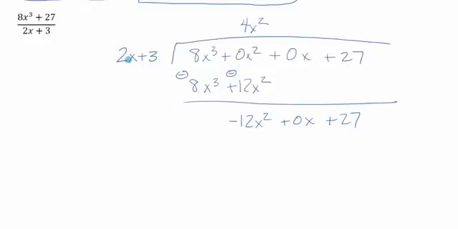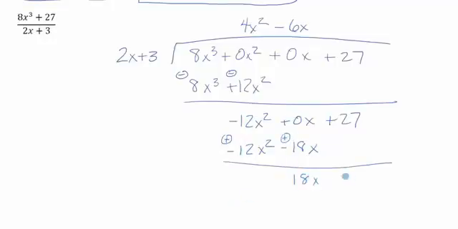First divided by first, we get a negative 6x, and multiply down. Negative 6x times 2x plus 3 is negative 12x squared minus 18x. Draw your line, change your signs, and combine down. So that's gone. You get an 18x here and a plus 27.